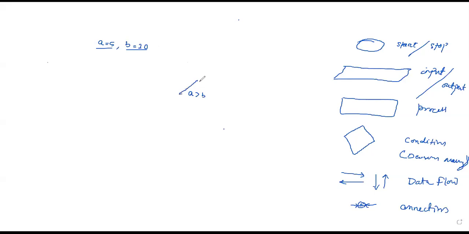If this condition is true, I am making the flowchart first. When can you check this condition? If you have the values of A and B, that means before checking the condition, you have to take the values of A and B. So enter A comma B, so that you can check whether A is greater than B or B is greater than A. Then put a start here.